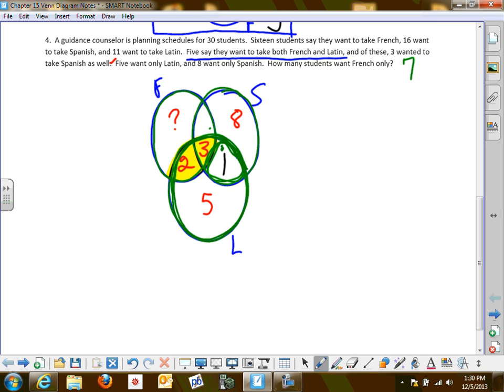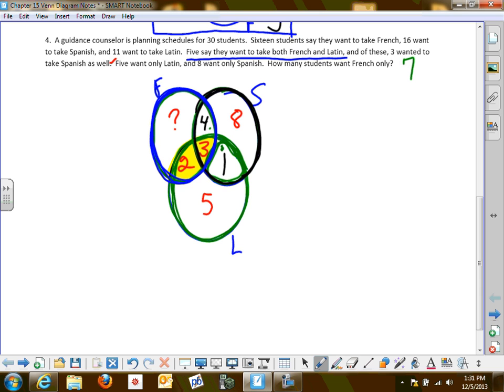Well, guess what? Now my Spanish circle is looking good, because now out of all of the sections here, I've got 3 out of the 4. I know the total Spanish is 16, and 12 is already in there, so 4 is what's left. And finally, now that I have worked that way around, French has got 3 out of the 4 sections accounted for.